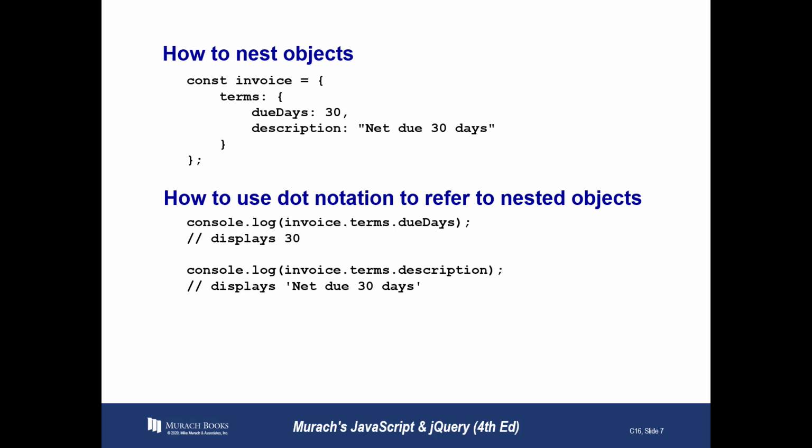So in this case, we've got an invoice object, and that invoice object contains a terms object. So if I want to refer to the description, it's invoice, the outer object, dot terms, the inner object, dot description, as an example.